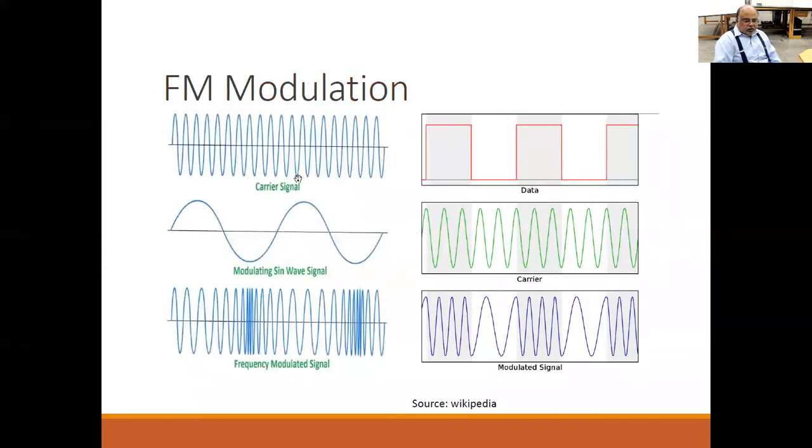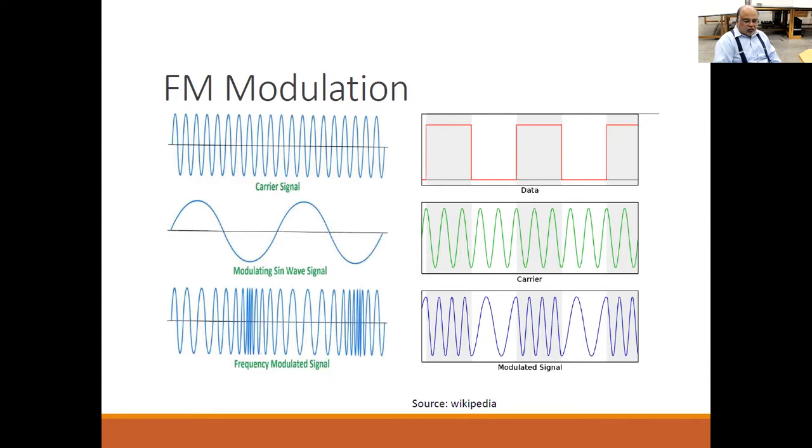Then came FM modulation, where for zero you send a smaller frequency, and for one you send a higher frequency. So 1 means high frequency, 0 means low frequency. FM modulation is very close to FSK, frequency shift keying.